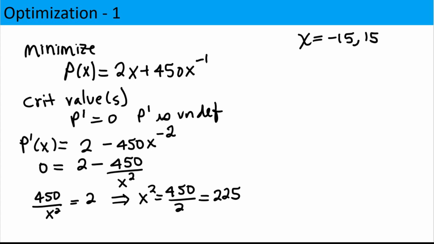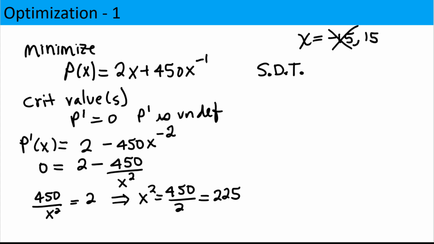Now at this point, common sense kicks in and says negative 15 cannot be a measurement because we're looking at a physical quantity. Even so, we still have not demonstrated that the positive 15 gives us the minimum perimeter. So we must continue with the second derivative test.